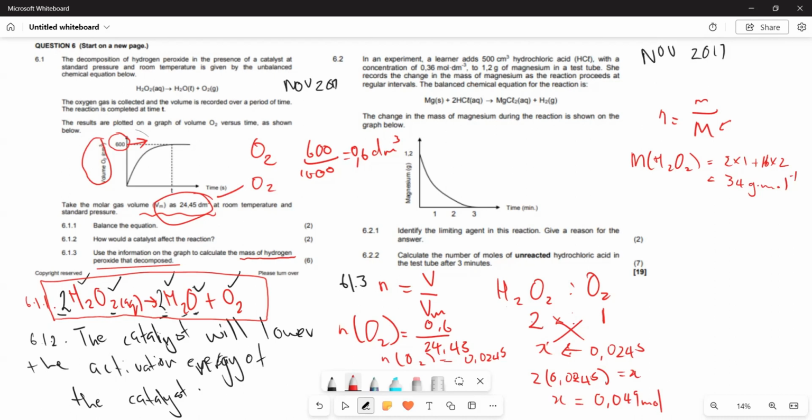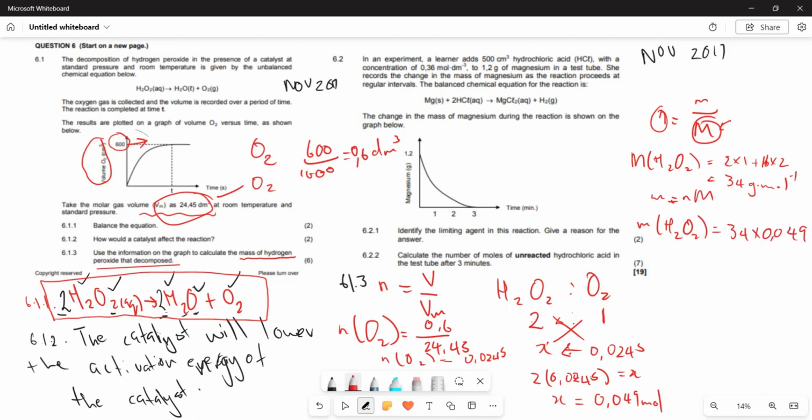So now you come back to this and you are looking for your mass of H2O2, and you already have your mole. Remember your mole is this one. The formula is m is equal to your mole multiplied by your molar mass. So this is going to be 34 multiplied by 0,049.